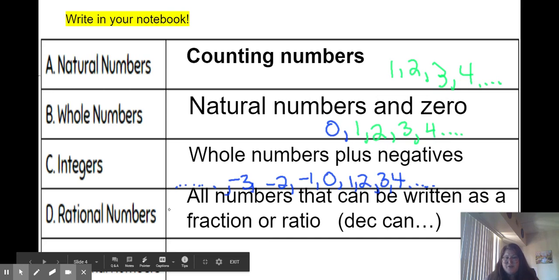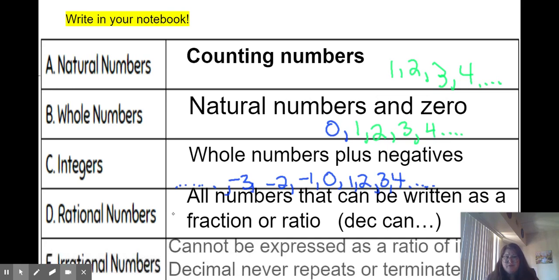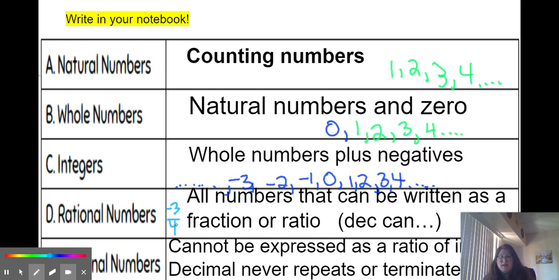So that tells me I can do, if I want, -3/4, right? -3/4 is a fraction. If I wanted to convert that to a decimal, that would be -0.75. That decimal can be a fraction, which tells me that even the decimal form is considered a rational number.